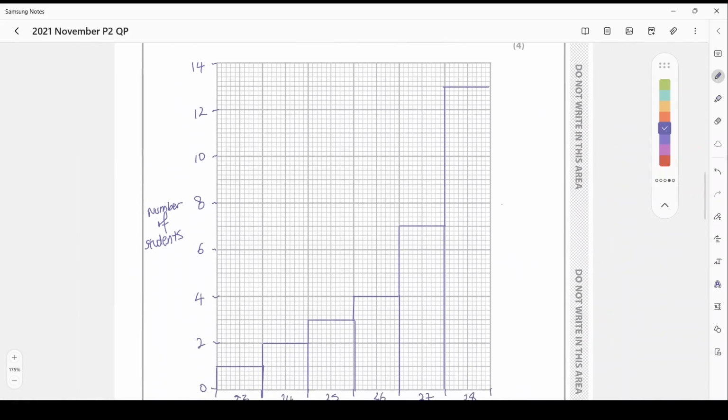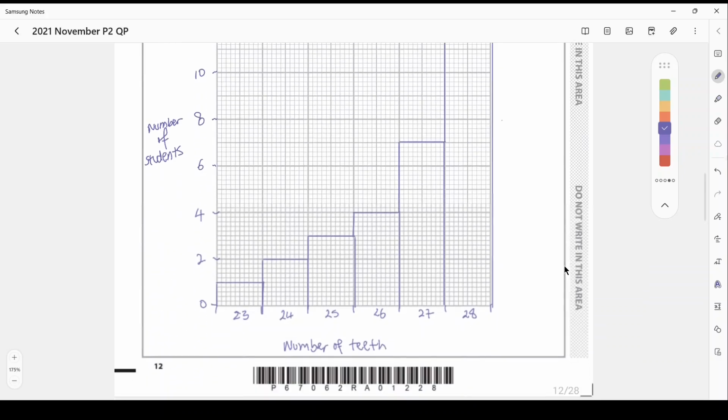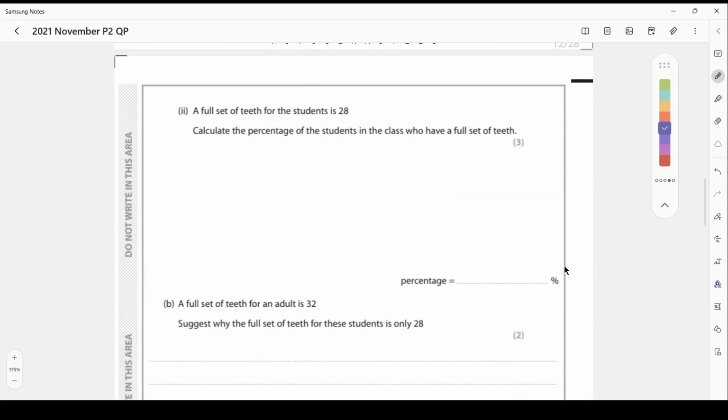And let me try and zoom out to do the last one. Okay, so make sure you do it on the line. All right, so that is it.